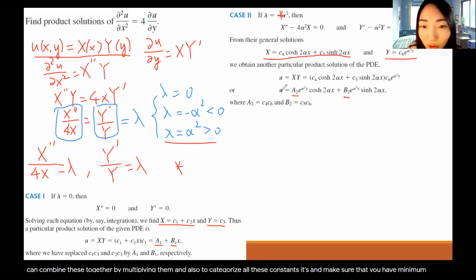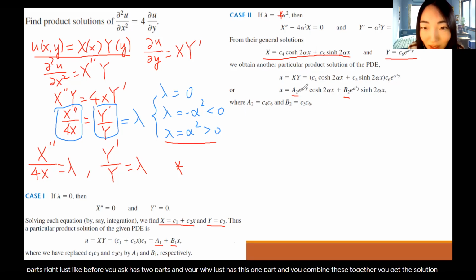Your u also consists of two parts. These two parts come from x because your x has two parts, and your y just has one part. You combine these together and you get the solution here.